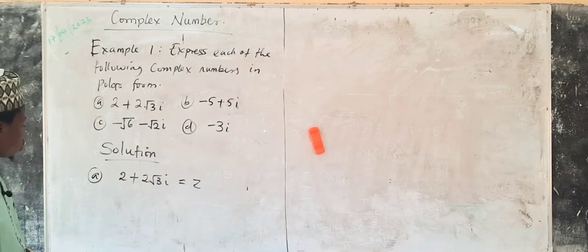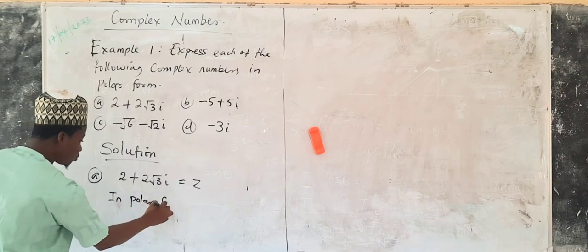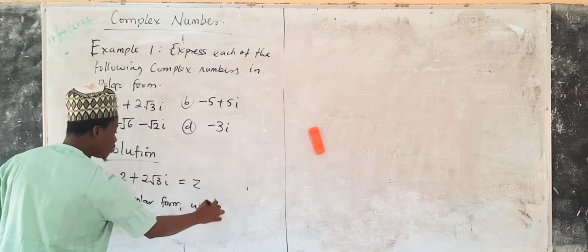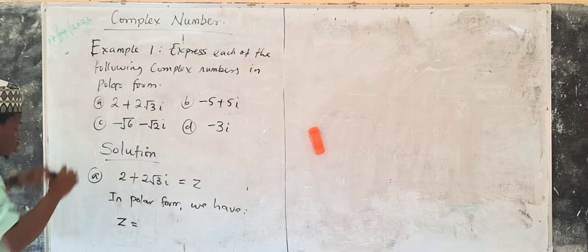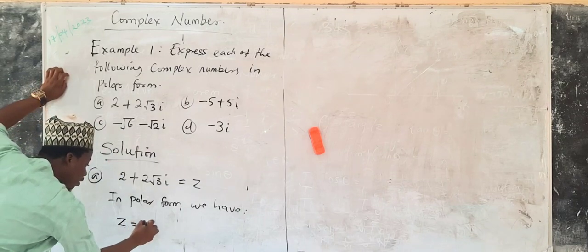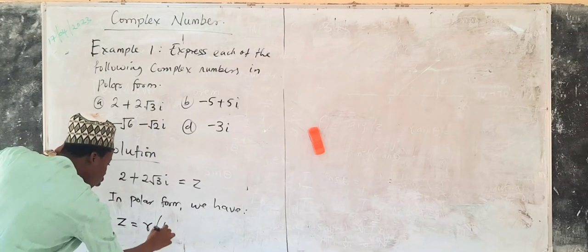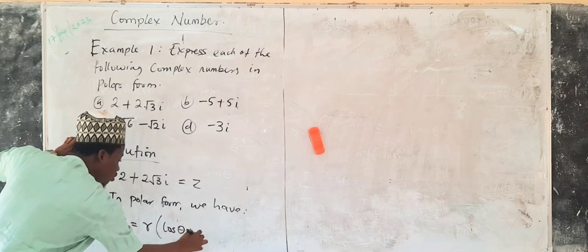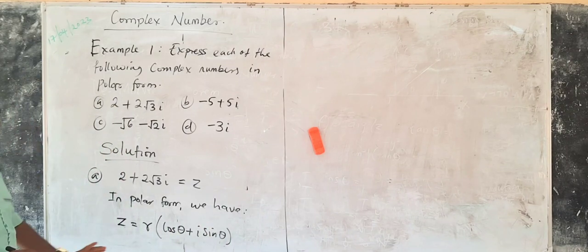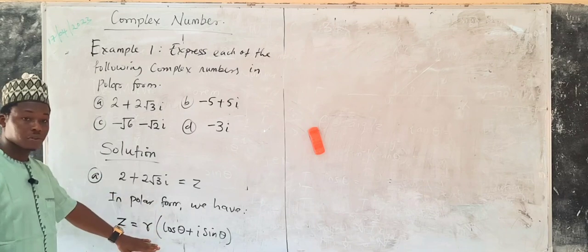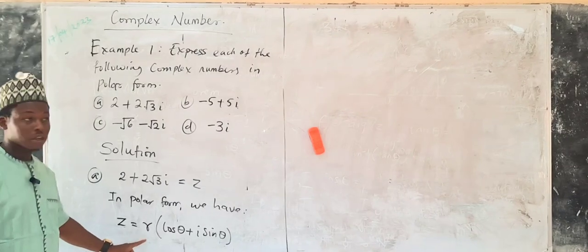So in polar form, we have z equal to r, which is the modulus of the complex number, times cos theta plus i sin theta. So this is what we are asked to represent this in. So here we need to find our theta and we need to find the modulus.